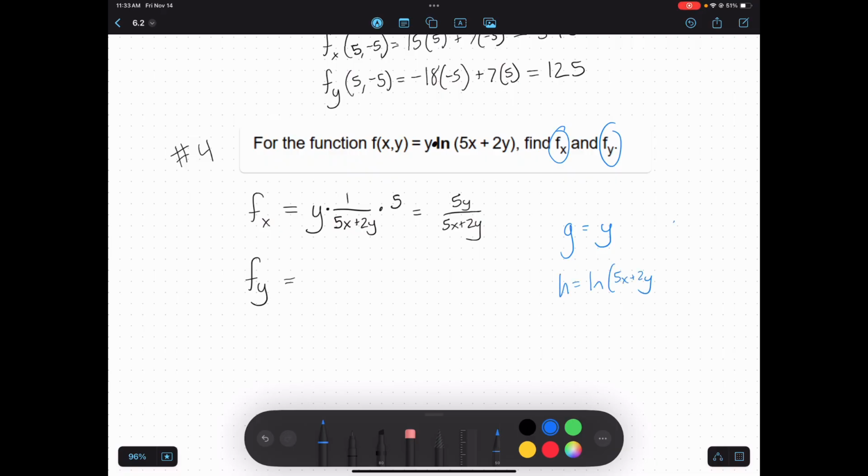I'll take the partial derivative of both, really just because I'm focusing on y, remember, I'm focusing on y here. So the derivative of g is just 1, and the derivative of h requires the chain rule because the inside function contains a y. So I'm just going to get 1 over my inside function, 5x plus 2y, multiplied by the derivative of the inside.